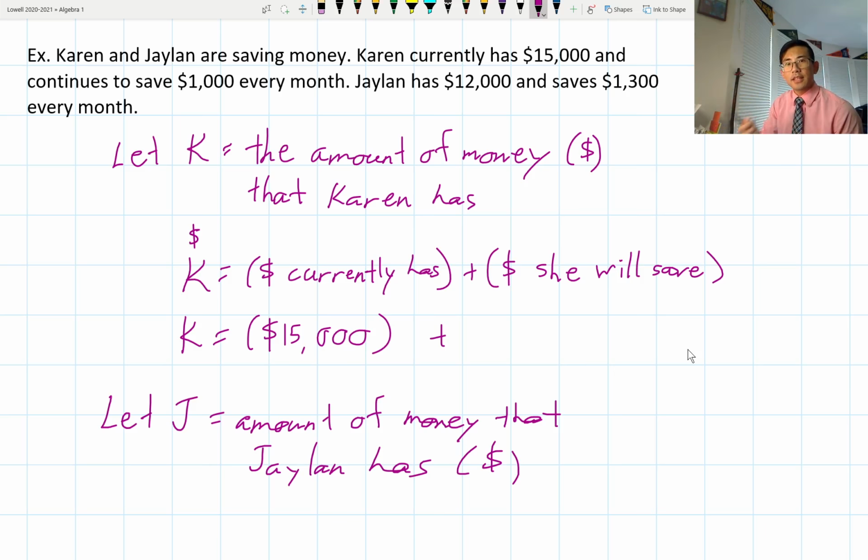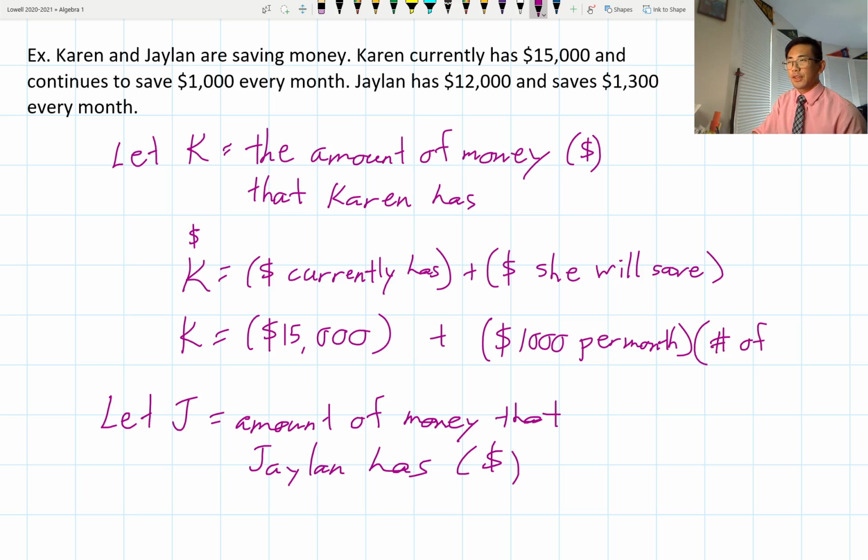Well, that depends on how far in the future we look. And so it's going to depend on how many months have passed. If that's the case, then I think this is what it's going to look like. It's going to be $1,000 per month, times the number of months.